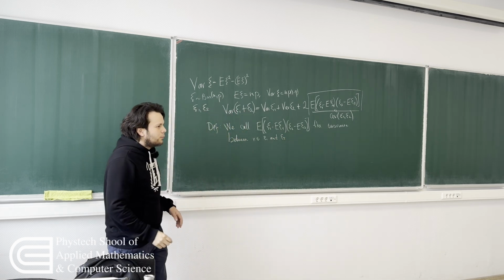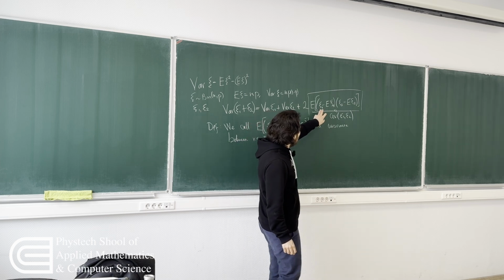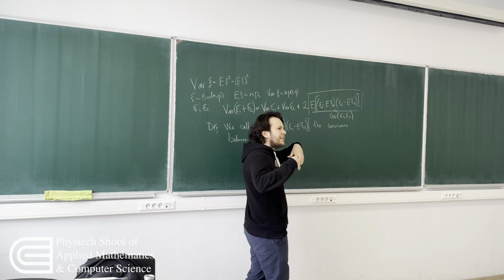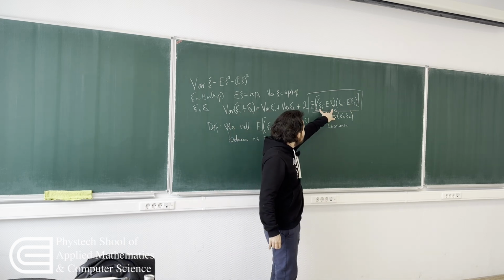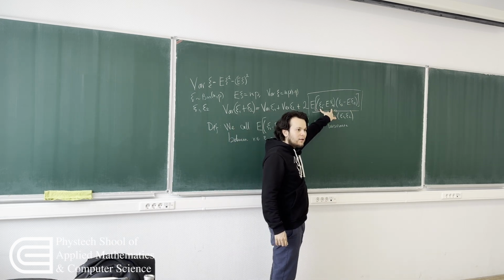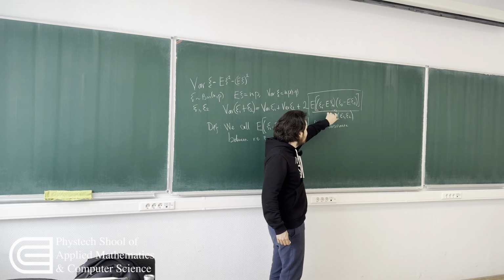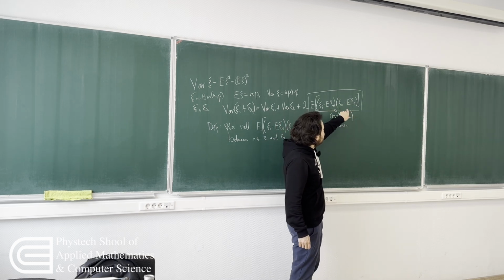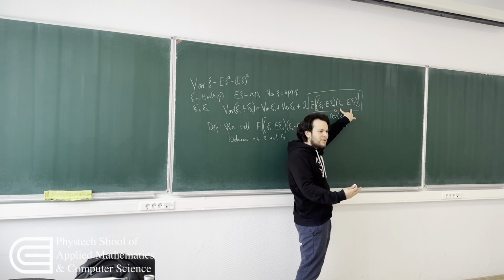Okay, so look, if xi1 tends to be higher than the expected value, then this number is positive, right? If xi1 tends to be higher than the expected value, then this is positive. And the same for xi2. So if xi2 tends to be higher than the expected value of xi2, then this number is positive.